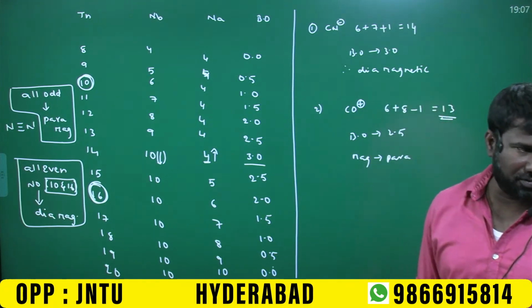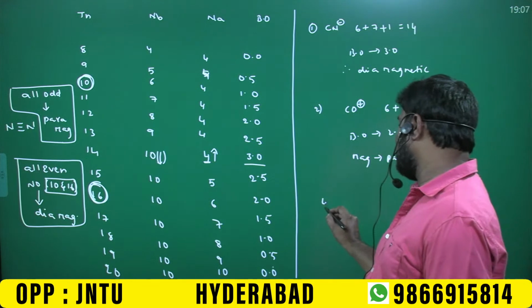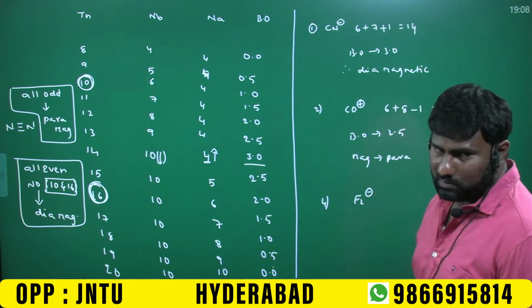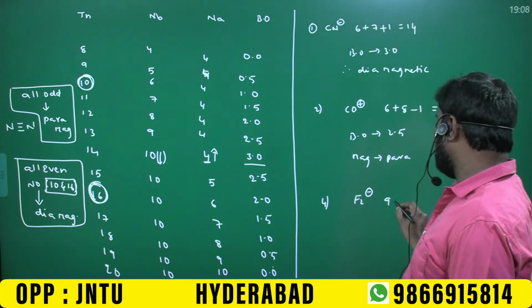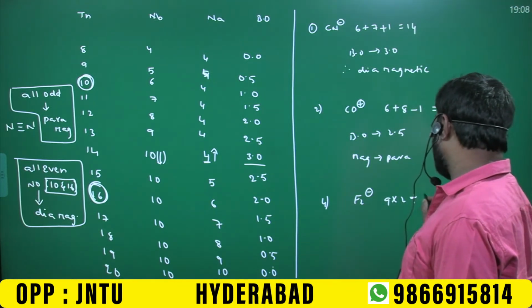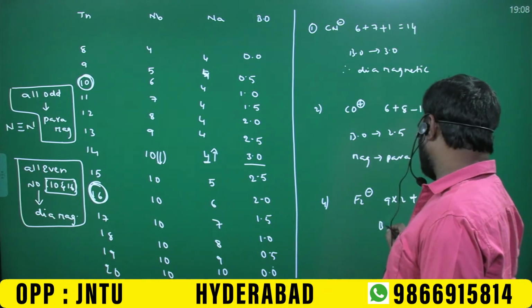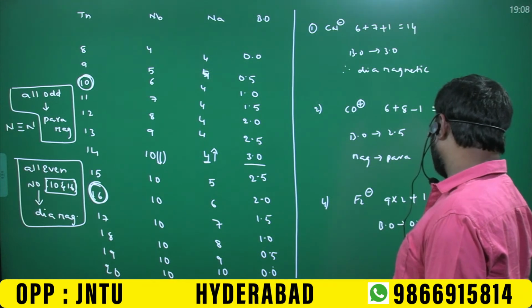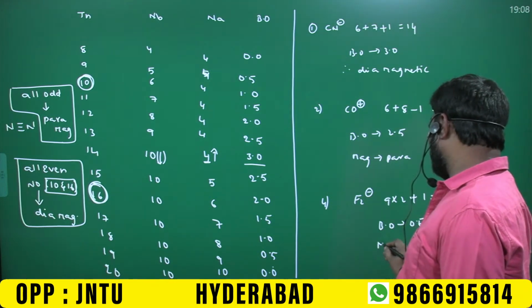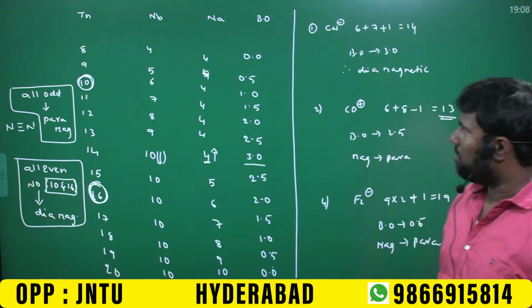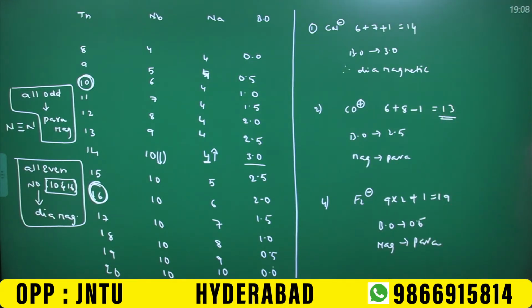Got it? Everyone? In the same way, for example, I have F2 minus. Fluorine, 9 into 2, 18, plus 1, 19. 19 electrons. 19 electrons means bond order 0.5. Then magnetic nature, odd number, paramagnetic. All questions are there. Okay? Right. I will give some questions, you can solve them.